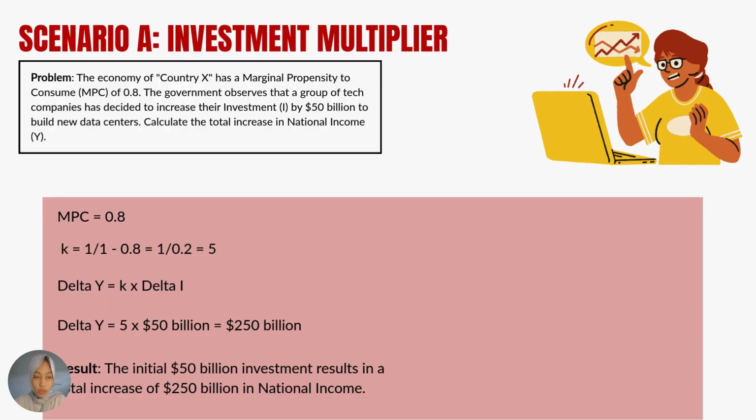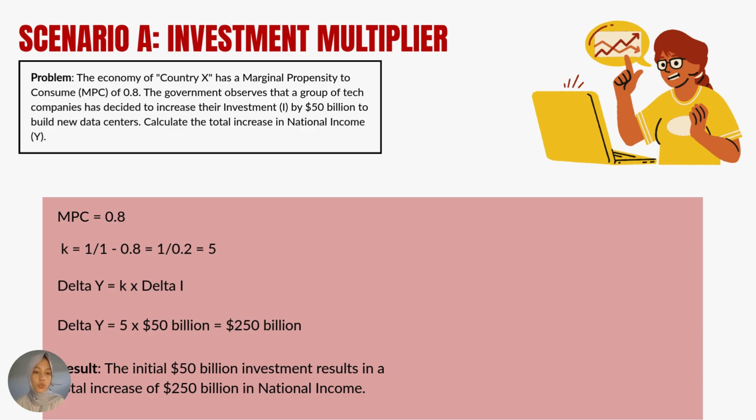So we already know here that the MPC equals 0.8. Next, we calculate the multiplier, or the spending multiplier.